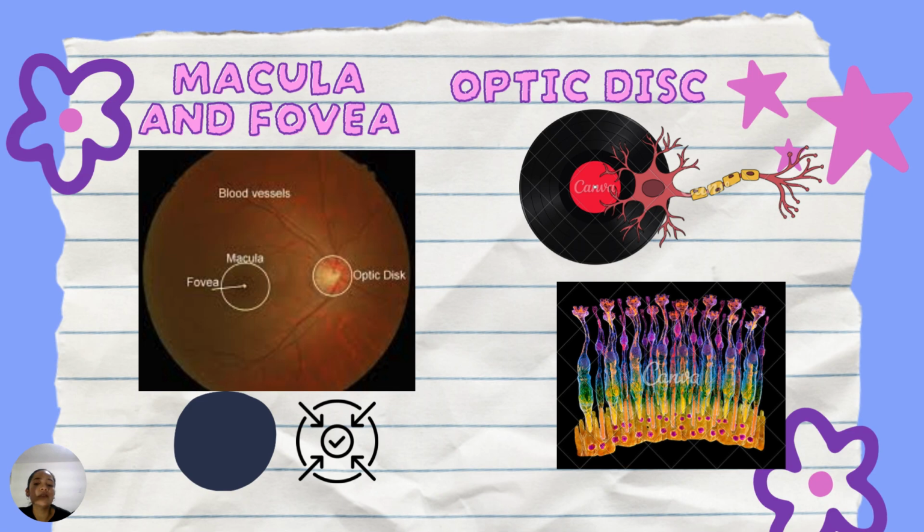These regions provide the sharpest and most detailed vision that we can have. And then we have the optic disc, that is the location where the optic nerve exits the eye, and it does not contain photoreceptors, and therefore is known as the blind spot.